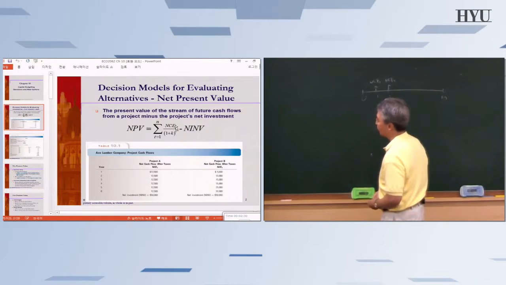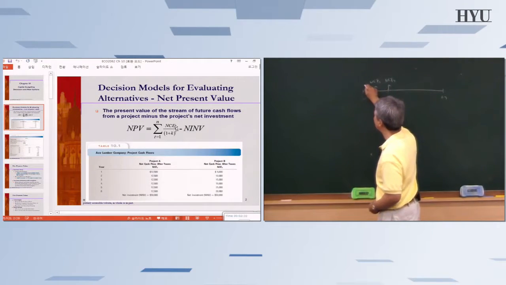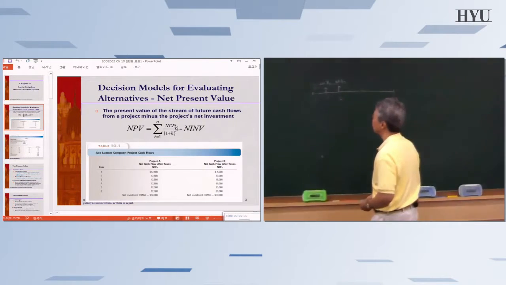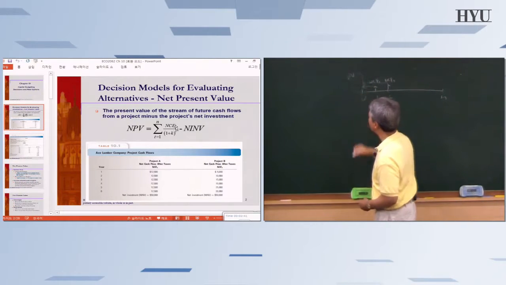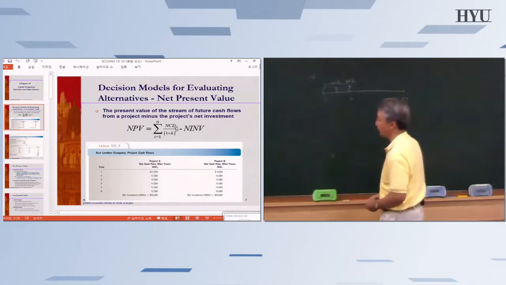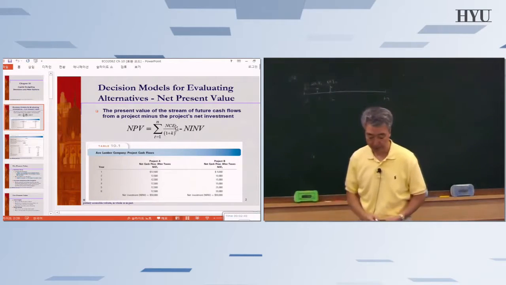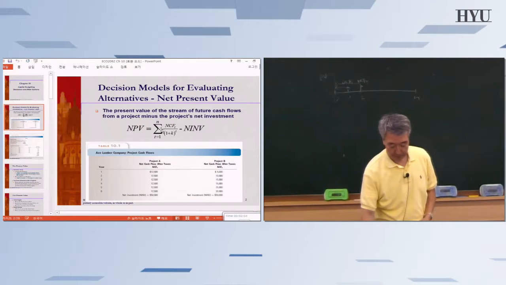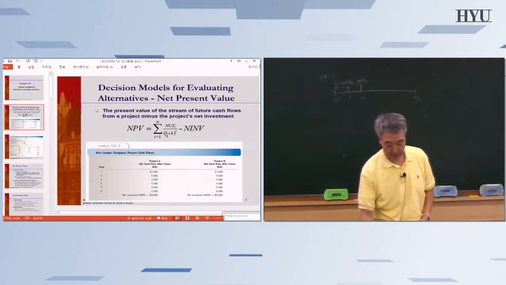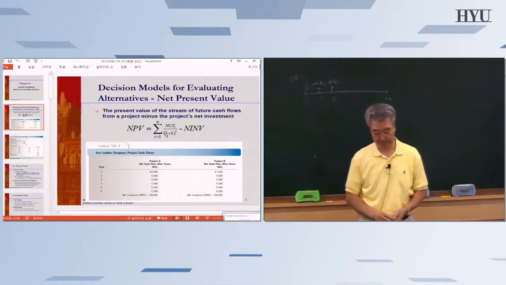We first have to discount all these future cash streams to convert them into present value, and add them up. We discount net cash flows using some discount rate K, add them up, and then subtract net investment from that. That's the net present value.